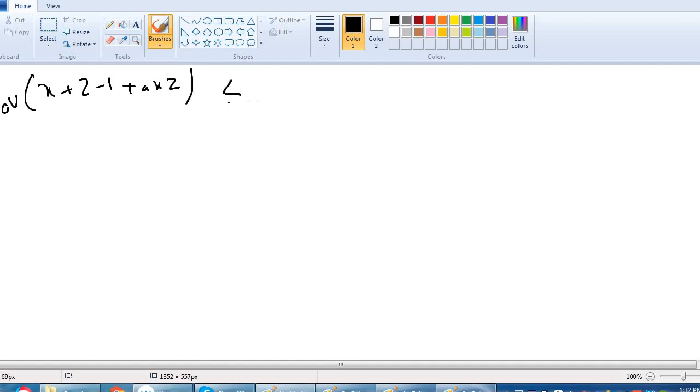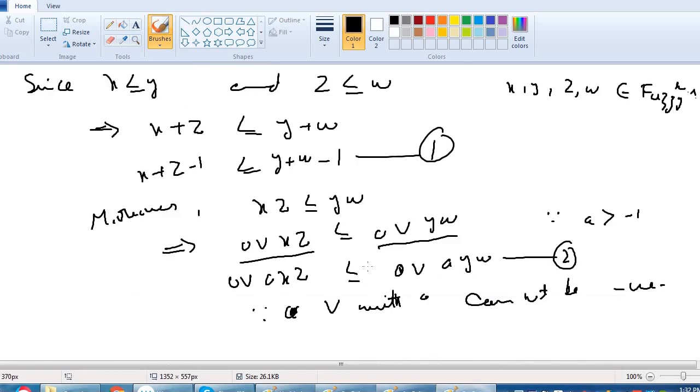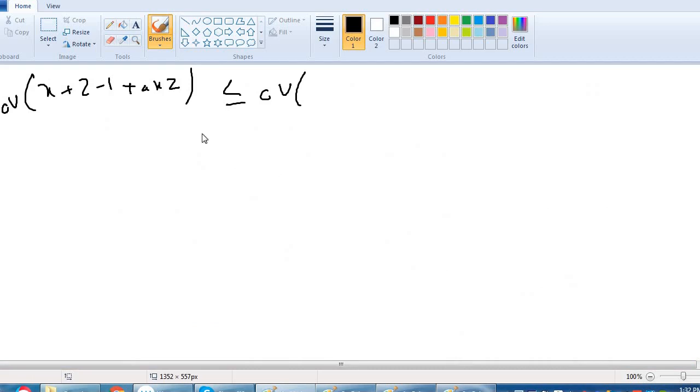It should be less than or equal to, here again we get 0 union. If we add these, here we get y plus w minus 1 and ayw, we add these two: y plus w minus 1 plus ayw.